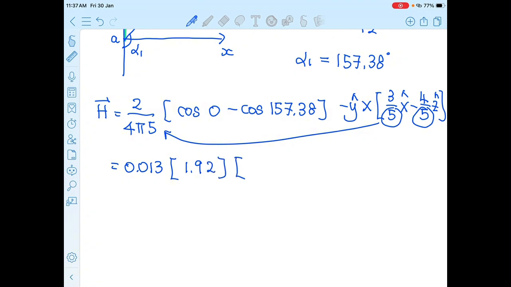Okay, so I have 3. So y cross x, you get negative z. Negative z become positive z. Okay, negative, negative, positive. So here you have plus 4x. Okay, 4x. So we can combine.